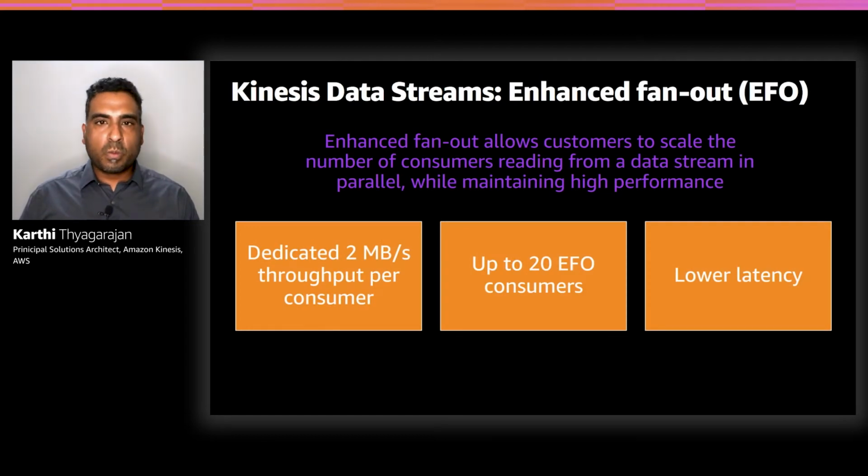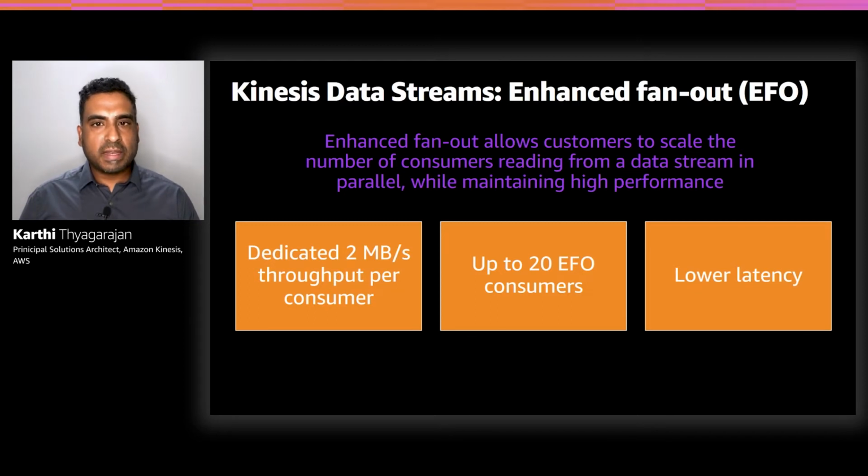Now, when we went over the consumption limits per shard, if you feel that you need more consumption capacity per shard, then you'll be happy to learn that you can use something known as enhanced fanout, also abbreviated to EFO. With enhanced fanout, each of the consumers that you register as enhanced fanout can actually support a dedicated 2 megabyte per second pipe.